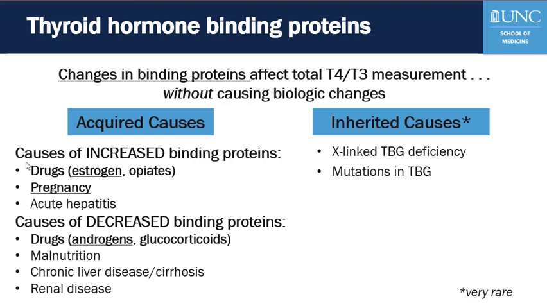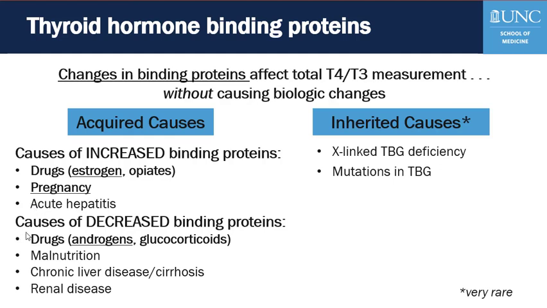And some things that can increase thyroid binding globulin or binding proteins are drugs such as estrogens found in oral contraceptive pills and opiates. Pregnancy will increase thyroid binding globulin and result in an elevated total T4 or T3 measurement. And acute stages of hepatitis can increase TBG.